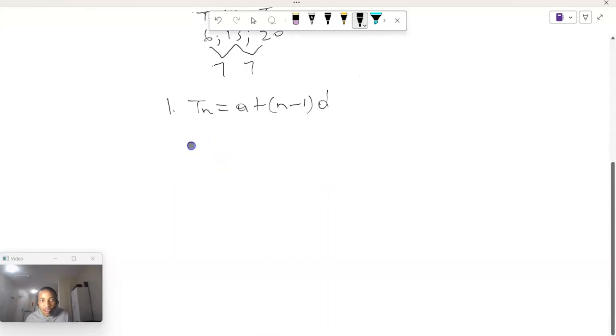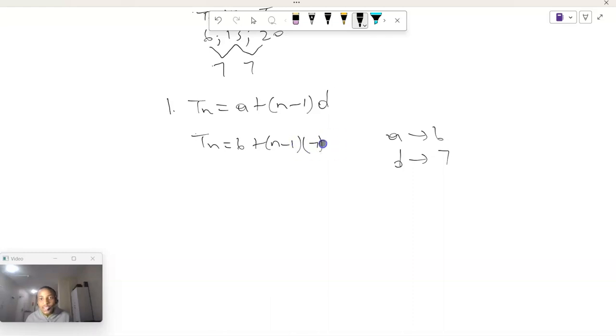Our a there is 6, and our d is 7, right? So Tn is equal to 6 plus (n minus 1) times 7.